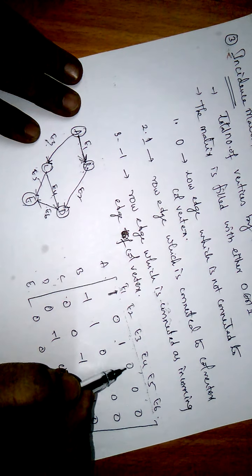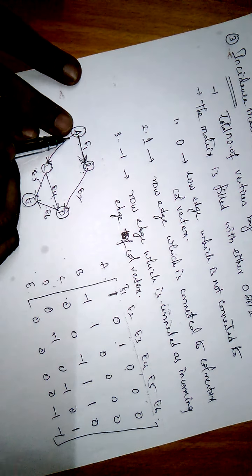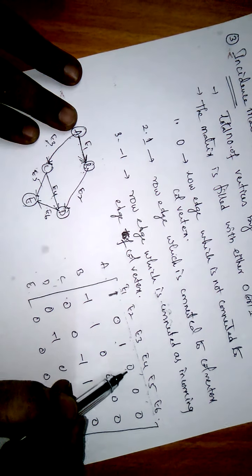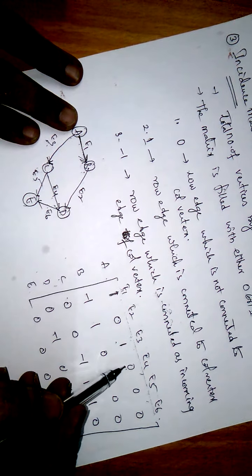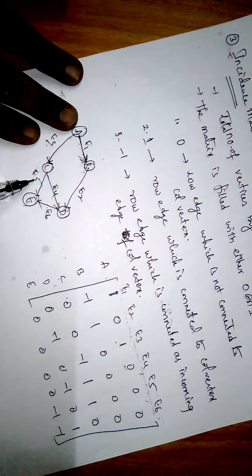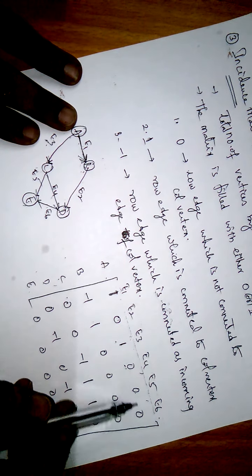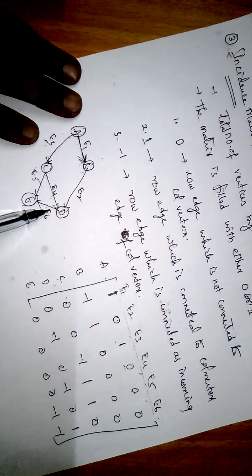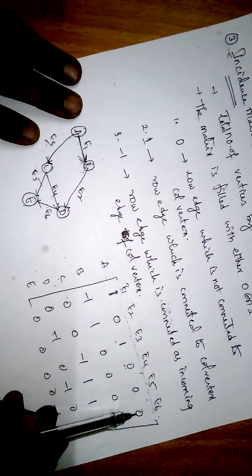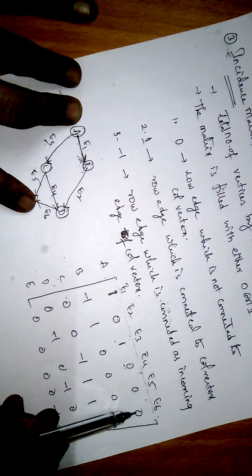Next, E4. There is no edge E4 from A, so 0. E5, there is no edge E5 connected to A, 0. E6, there is no edge E6 connected to A, so 0.